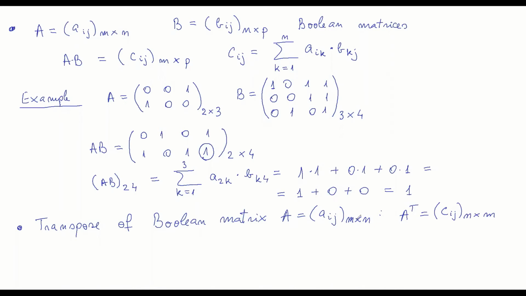So the type is exactly reversed compared to A, and each one of these entries, c_ij, is going to be exactly a_ji, for all i between 1 and n, and for all j between 1 and m. And that's exactly the usual way that the concept of a transpose of a matrix is defined. So no surprises here.